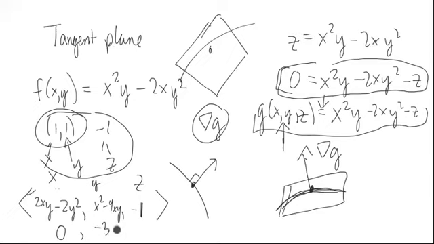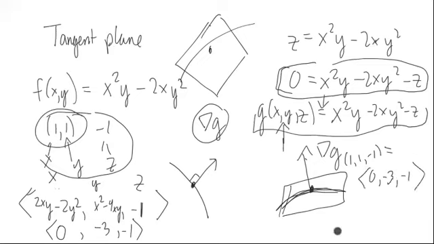And for z, we just have -1. So it looks like del g at the particular point that we're concerned with, which is 1, 1, -1, is simply going to be 0, -3, -1.